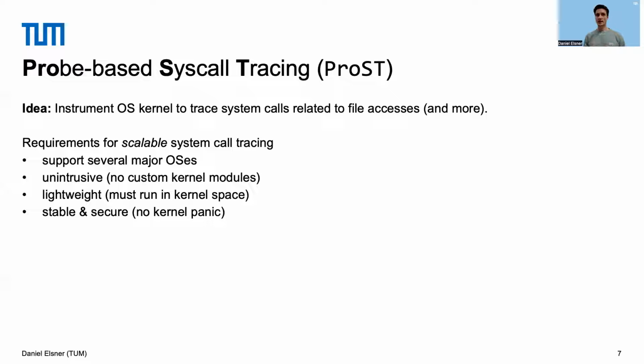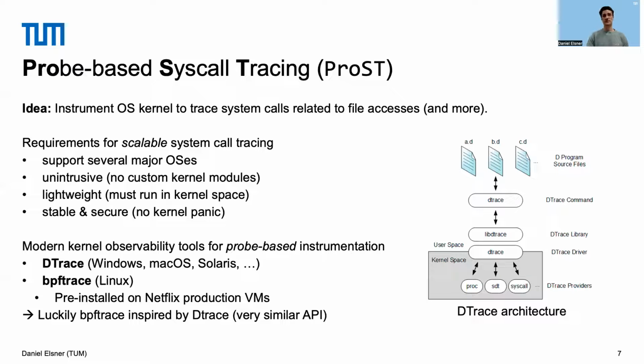It has to be lightweight. It must run in kernel space. We've seen that strace, a user space alternative to tracing system calls, is not a feasible option because it just implies too much overhead. And it also has to be stable and secure. We want to avoid kernel panics. It has to be maintainable, and those are the requirements for such a system.